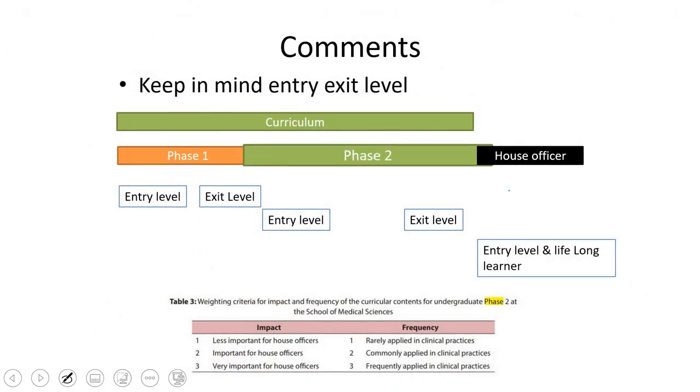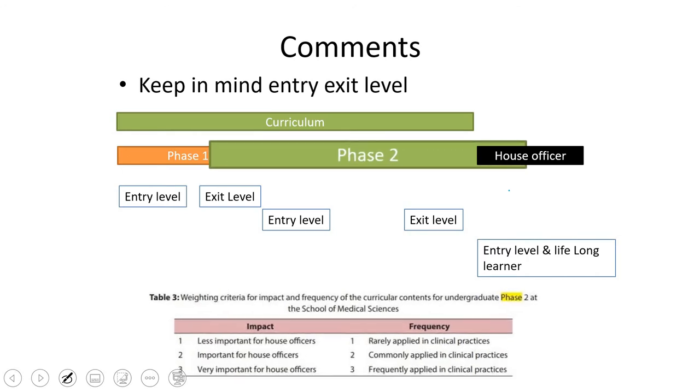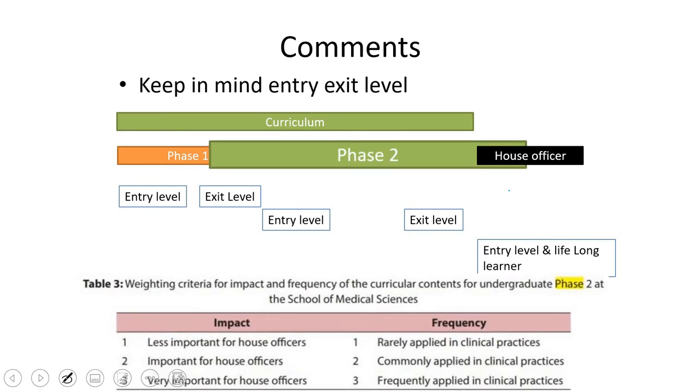In phase 2, you are preparing the student or the graduate for the next phase. So you have to determine the impact of the items that you are going to teach, or the skills that you are going to offer, in making your graduate a competent graduate.